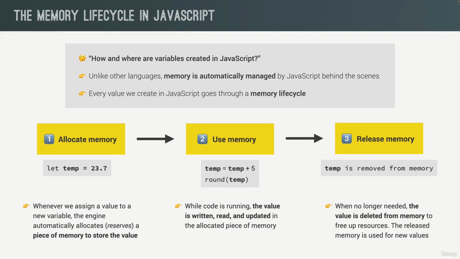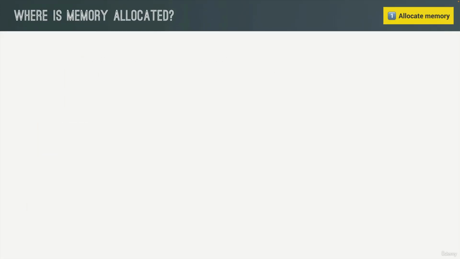But for now, in this lecture, let's start to look at the first step in more detail, which is memory allocation. Now, the main thing to understand about memory allocation in JavaScript is the fact that for different types of values, memory is actually allocated in different places in the JavaScript engine. But what are those different types of values?